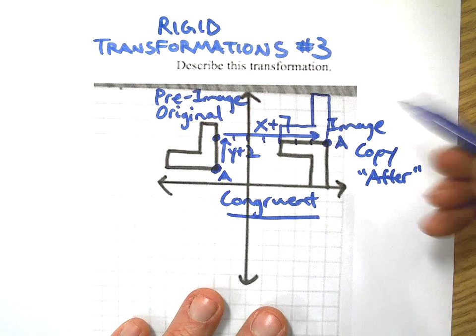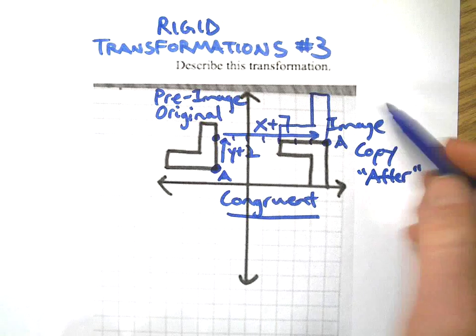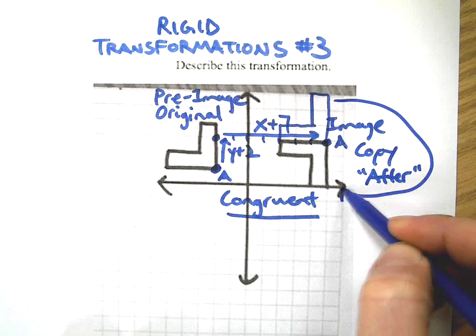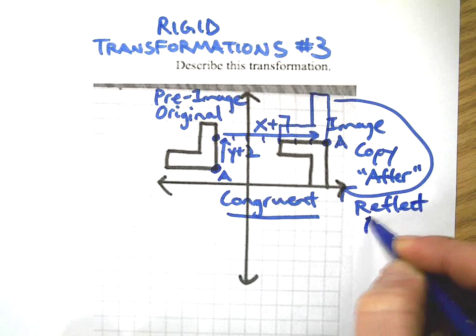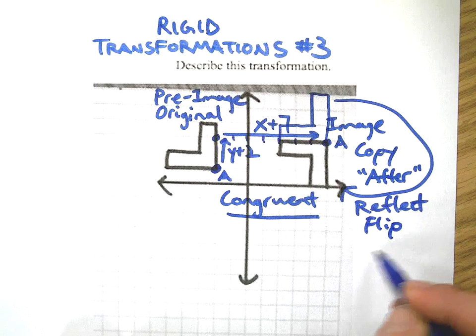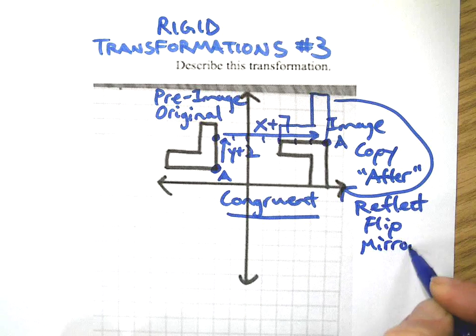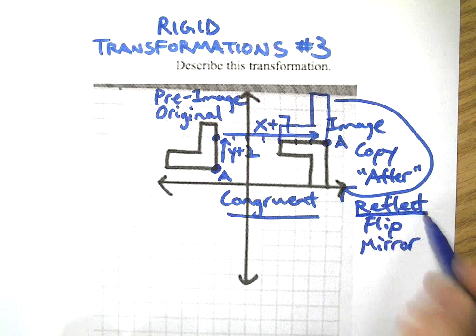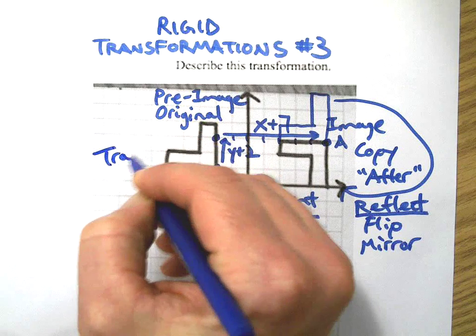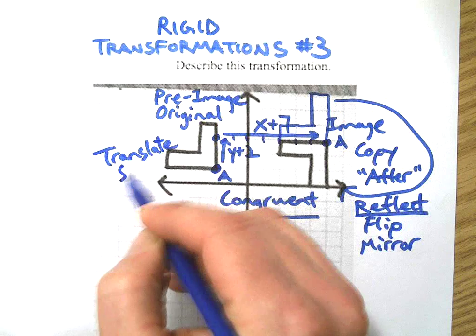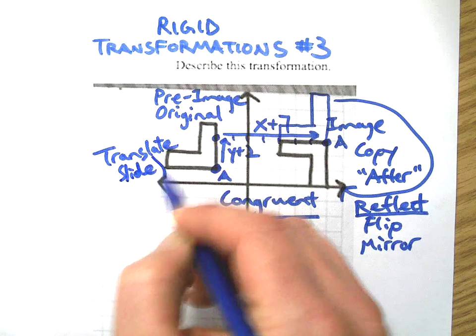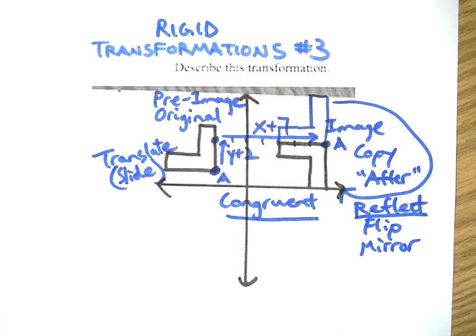Okay, but the thing is, now it needs to reflect, or flip, or mirror. Okay, but reflect is the key vocab word we're using. This is called translate or slide. Okay, when we go up and over.